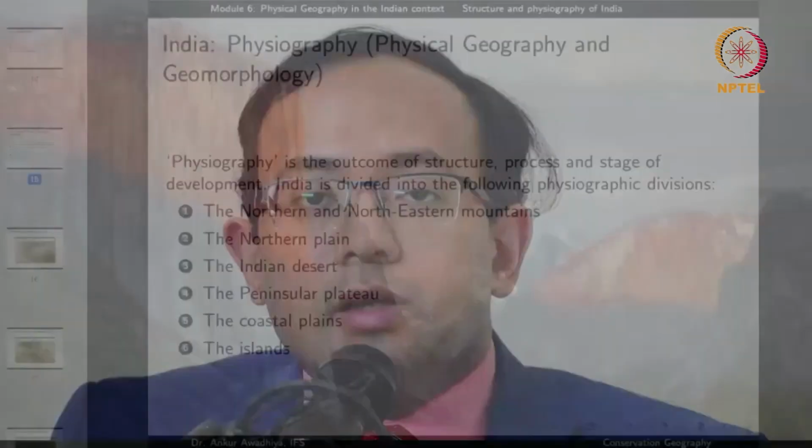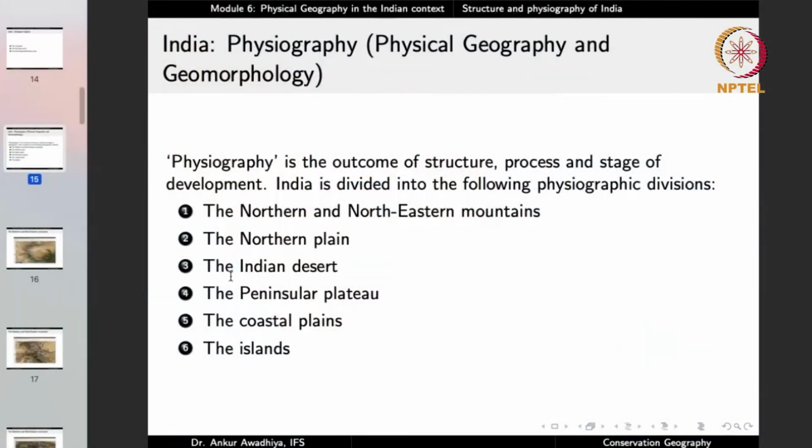So both of these rivers join together, the Ganges and the Brahmaputra, and then they begin to move from north to south direction. And when they drain into the Bay of Bengal, they form a very large sized delta, which is the Sundarbans delta. So these are the northern plains.